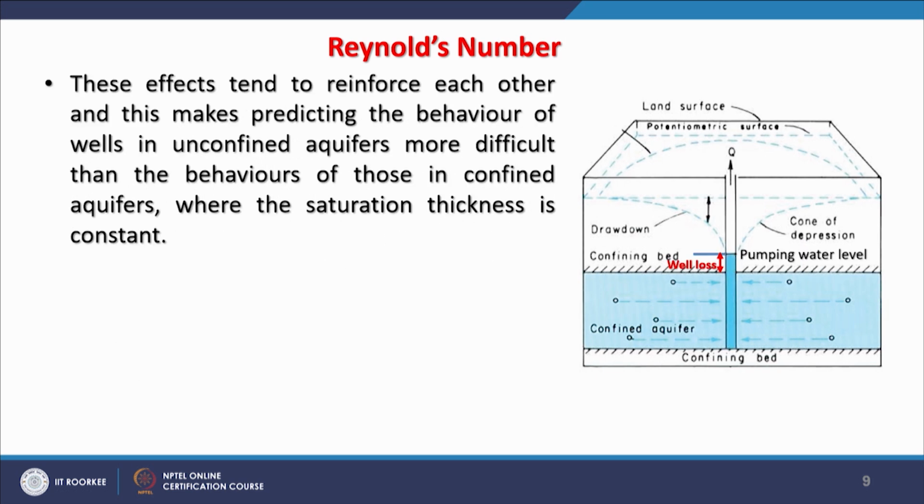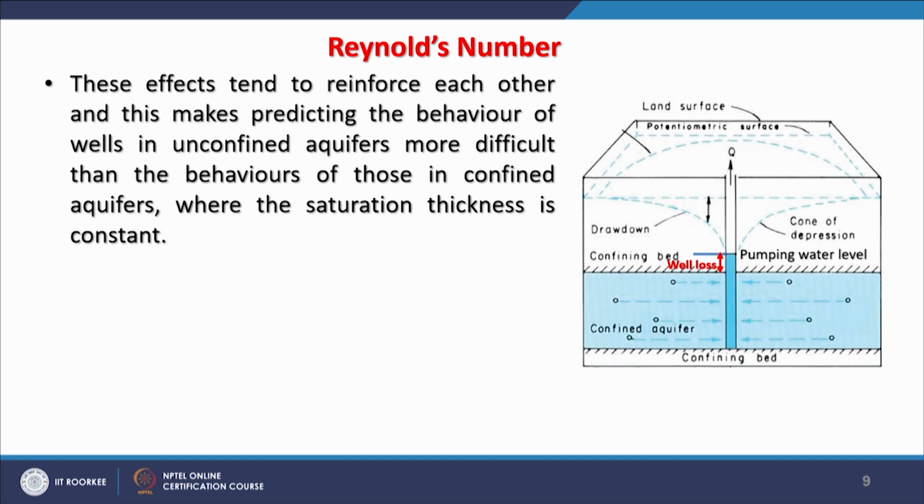So, these effects will reinforce each other, and this makes predicting the behavior of wells in unconfined aquifers more difficult, because the water table is also going down at a more rapid speed than in confined aquifers. So, it is more difficult to predict or understand the behavior when pumping is going on than in confined aquifers.